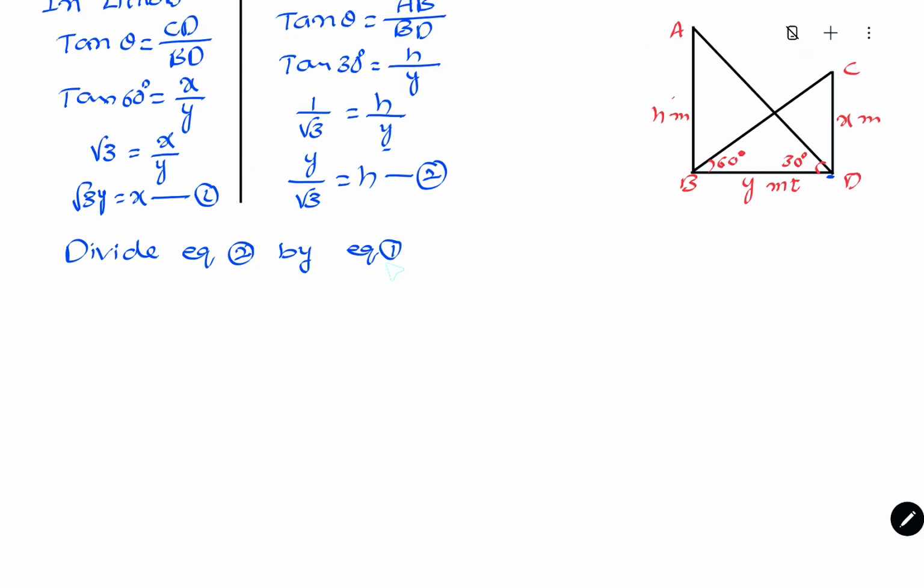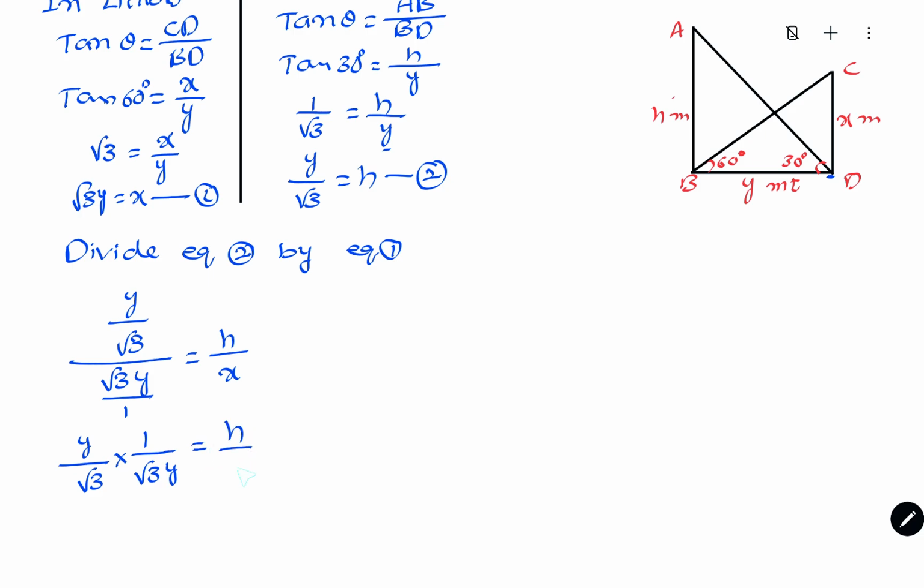Divide equation 2 by equation 1. y/√3 divided by √3 y is equal to h by x.